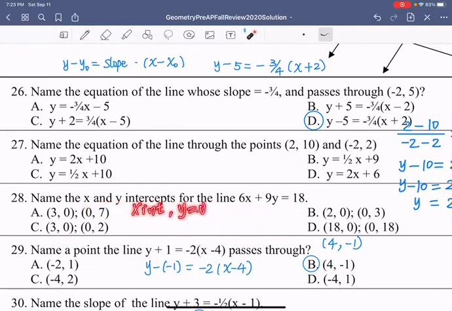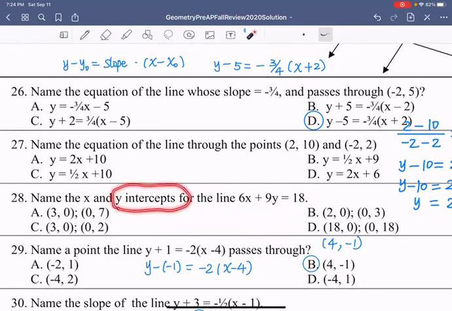Good job. So x equals 3, so this point is called 3,0. Very good. Next.